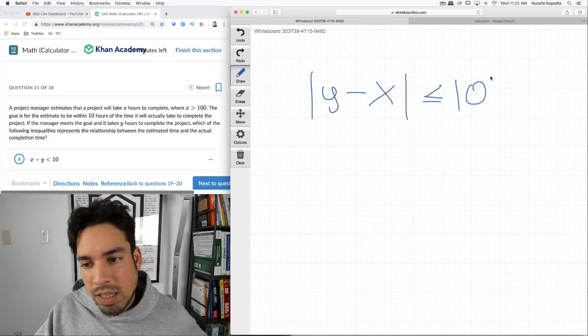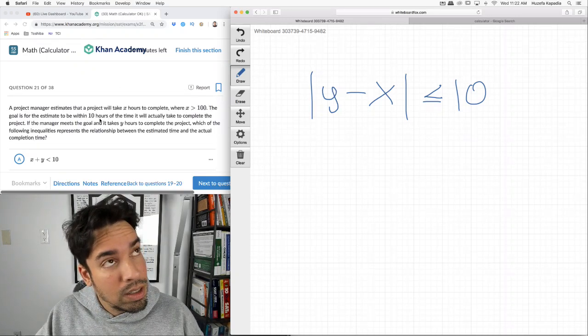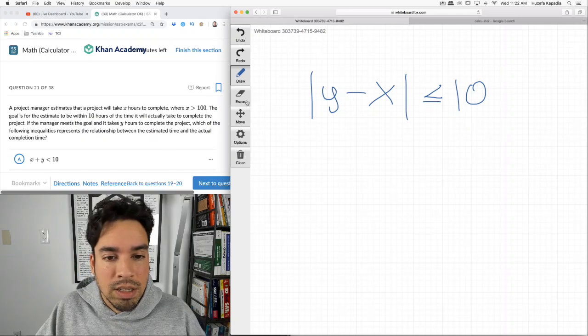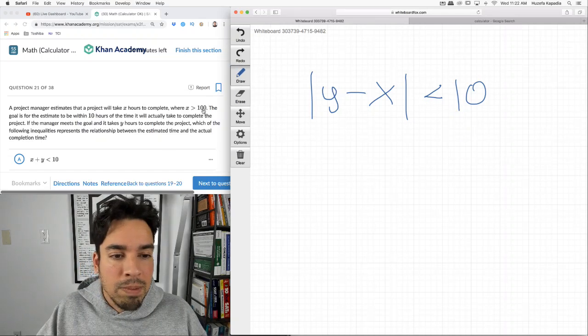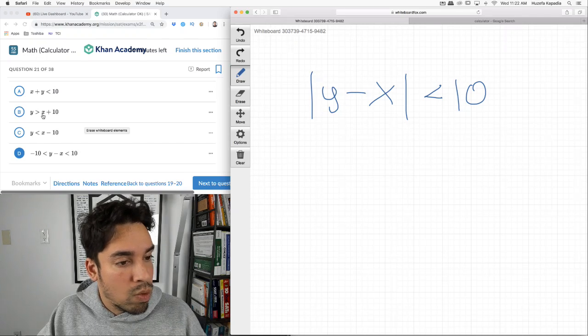My only disagreement is I think it should be less than or equal to, because it says within 10. I guess within is less than, actually, now that I think about it. But it's definitely that one. Because this presupposes this could be, I don't know what this is because it's a sum that doesn't make any sense. This is y minus x has to be greater than 10. That's wrong. This would be y minus x is less than negative 10. That doesn't make any sense. It's D.